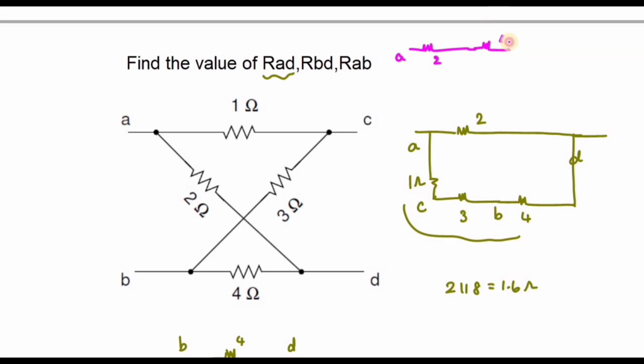From A to D to B, I have 4 ohm resistance, and from B I'm going to C, then I'm going to A. So it goes from 3 to 1. So it is 6 in parallel with 4. So it is 24 divided by 10, that's equal to 2.4.